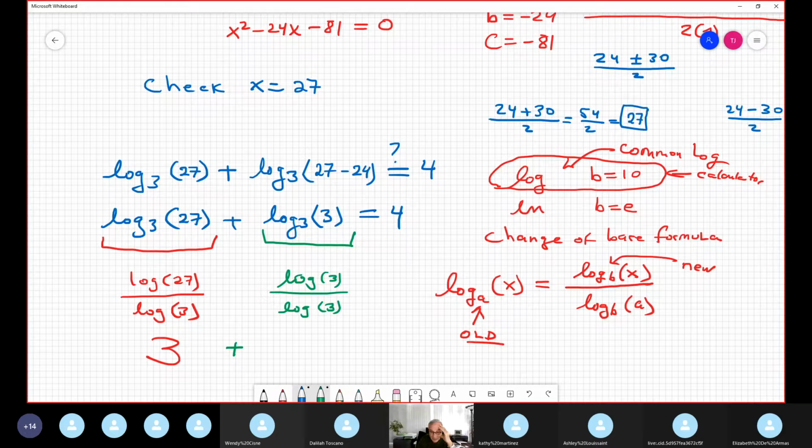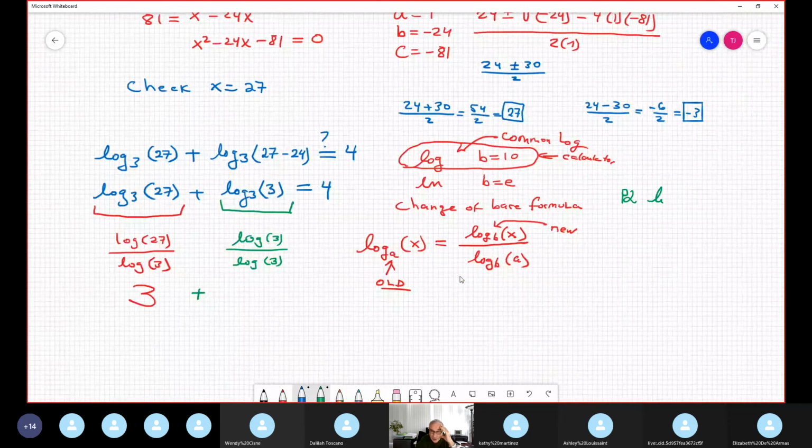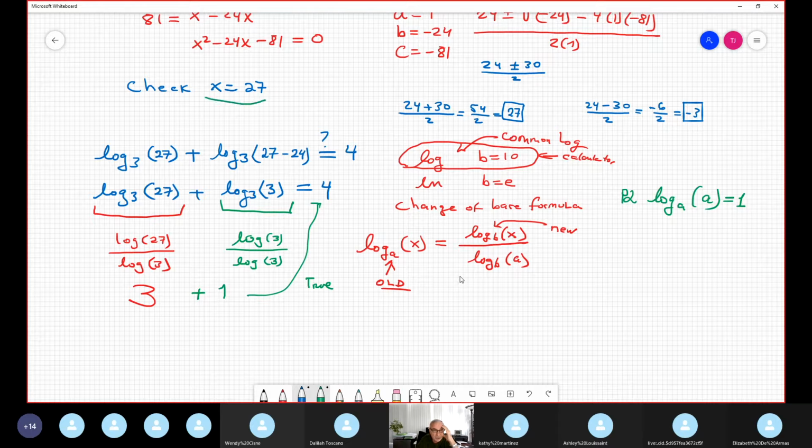We studied last time property number 2: the logarithm of any base, when the number inside the argument is exactly the same as the base, is 1. And 3 plus 1 is obviously 4. This statement is super true. Therefore, that is a confirmation that 27 is a solution.